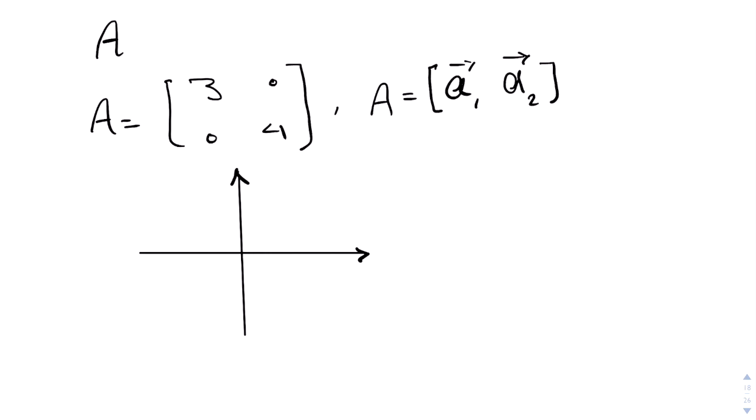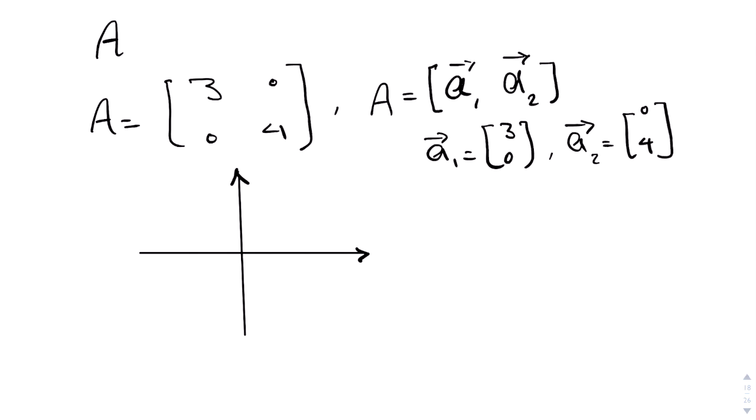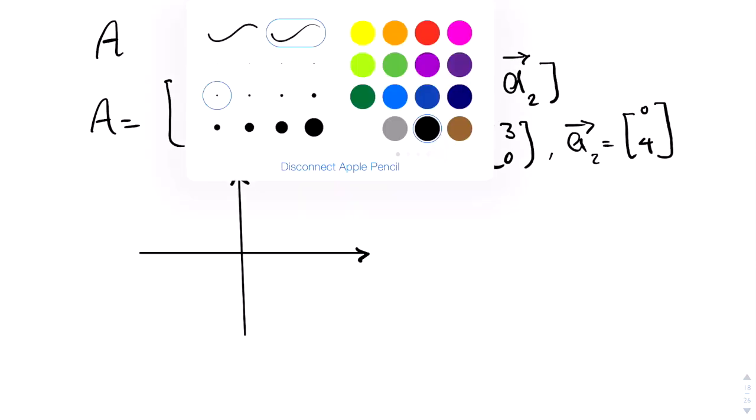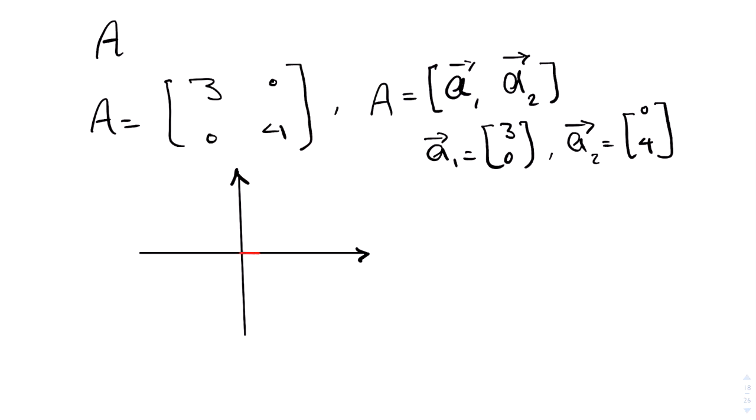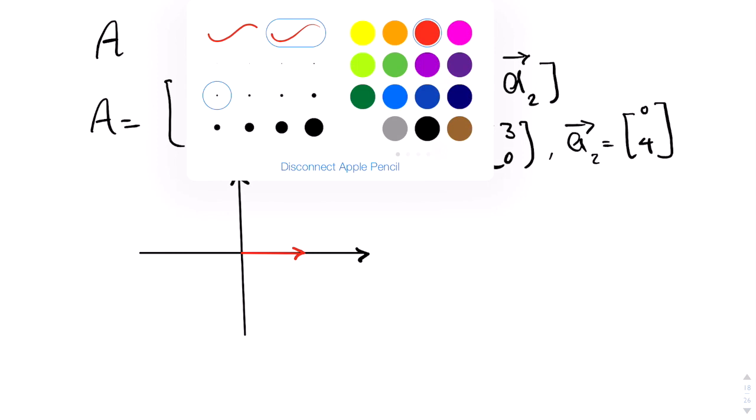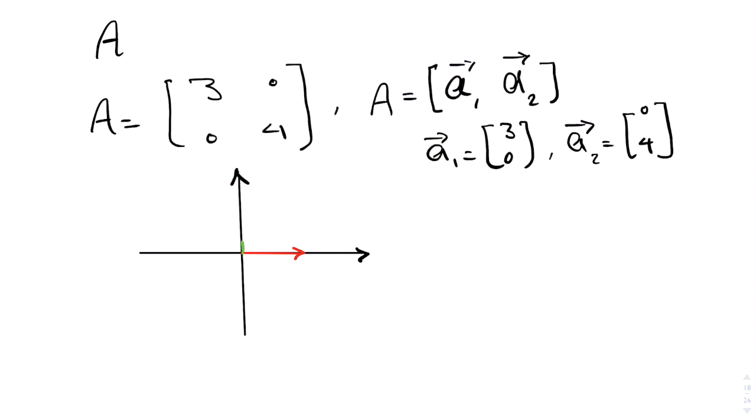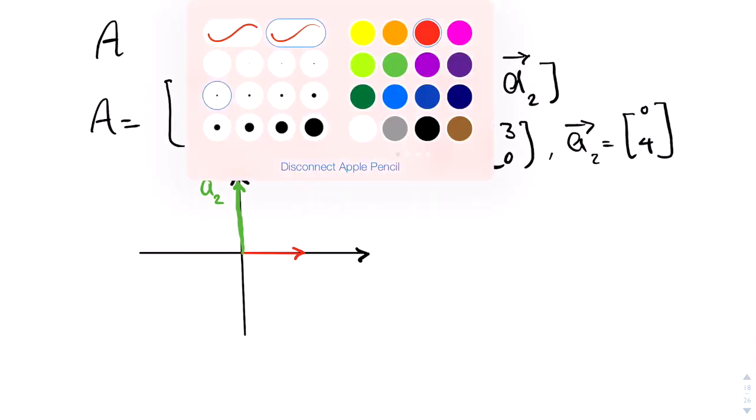A1 is 3 and 0, and A2 is 0 and 4. So A1 here is this vector, three units, and A2 is 4. So this is A2 and this is A1.